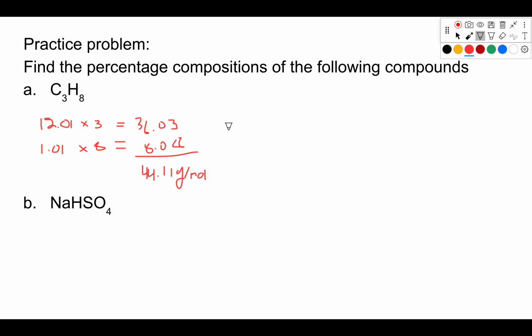So now we're going to take grams of each substance in the compound divided by the molar mass times 100. So for carbon, that is 36.03 divided by 44.11 times 100. Let me do the math on my calculator real quick.